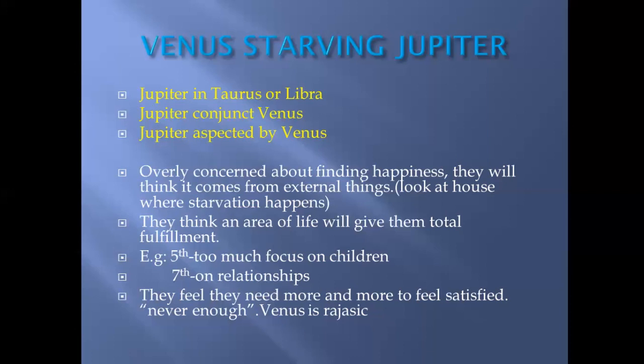Okay, so they will feel like they need more and more in order to feel satisfied. Yeah, there's always this feeling of nothing's enough. Okay, remember that Venus is a Rajasic planet as well. Okay, so that's gonna give that lack of satisfaction, of always wanting more and more. And Venus also rules luxuries. Okay, so they will want more in order to be happy.